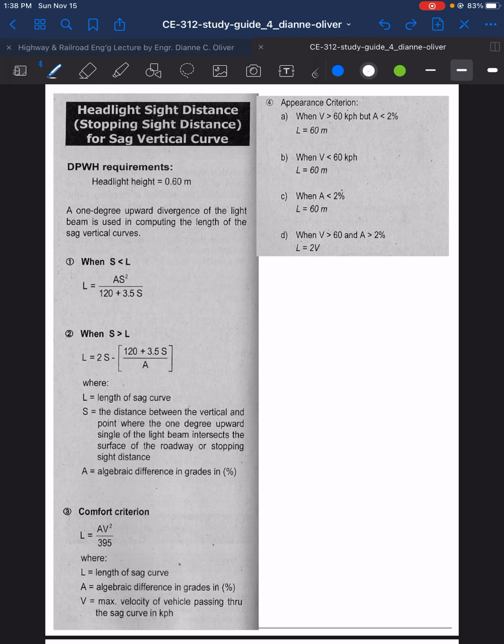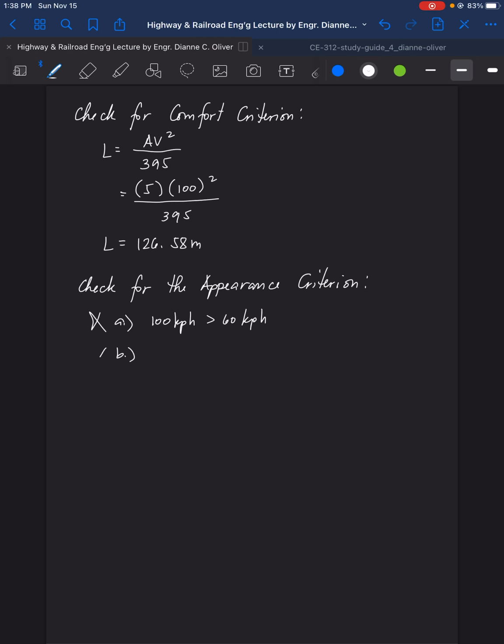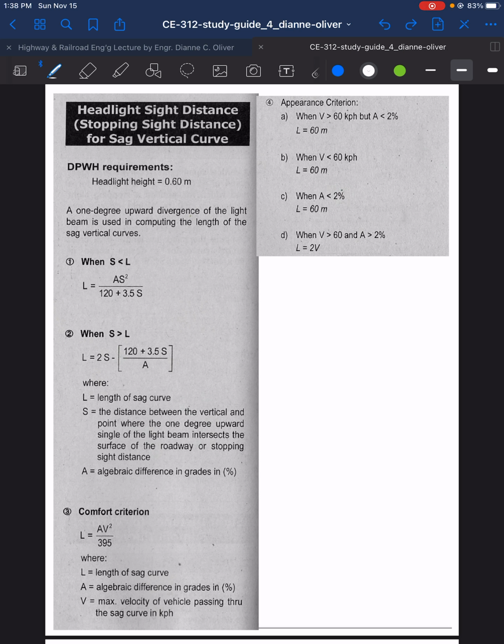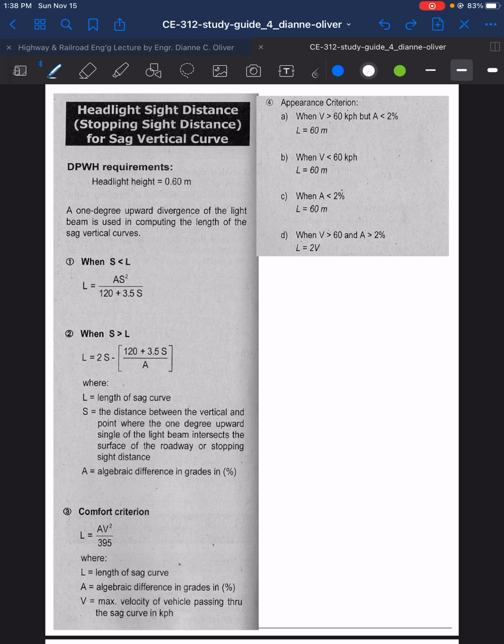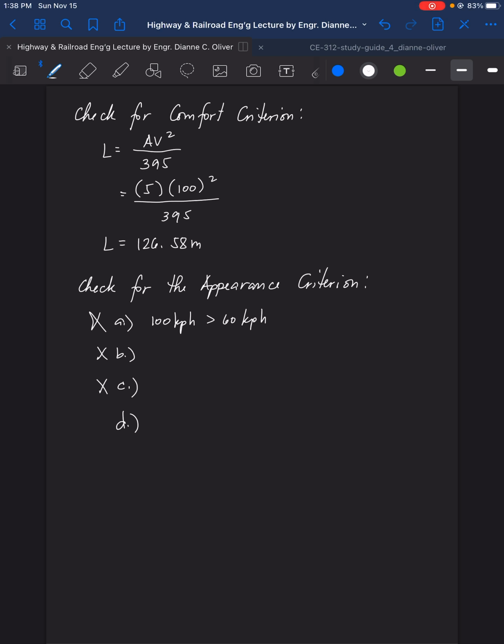B. When V is less than 60, so our V is 100, therefore we will not use B. C. When A is less than 2%, remember our A is 5% in the problem, so we will not be using C. For D, it says there, design speed is greater than 60, that is correct.